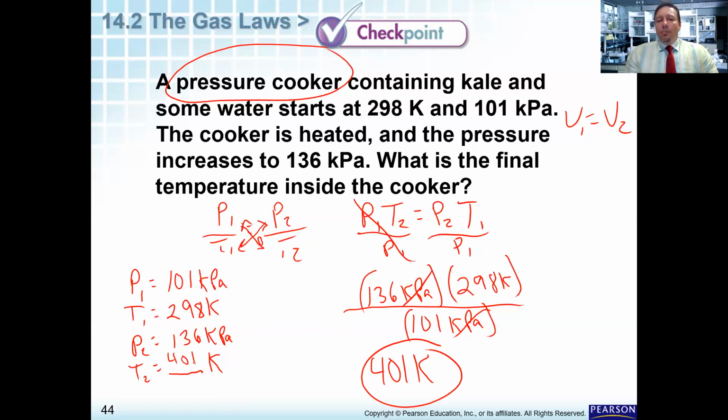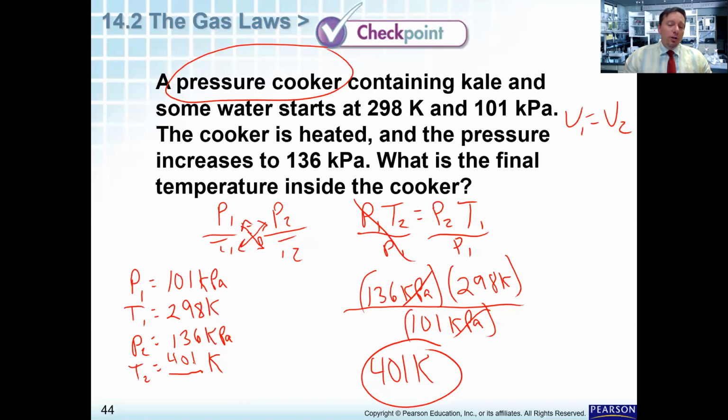All right, just a couple things before we move on to the next one. This is important: your units of pressure do not have to be atmospheres. You're going to see this as we go into the next couple gas laws. It can be kilopascals, atmospheres, torrs, or millimeters of mercury. Those are the 4 most common pressure units.